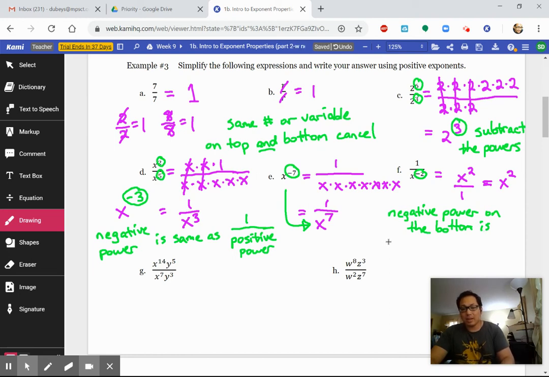It is the same as a positive power on top.